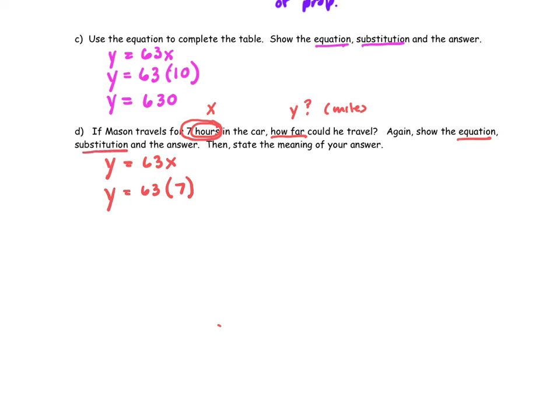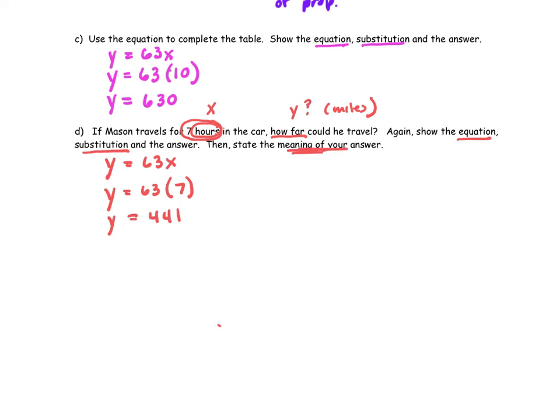So we just did the substitution. And then finally, we can find the answer. We're going to take 63 times 7. So use your calculator and find 63 times 7. And that is 441.